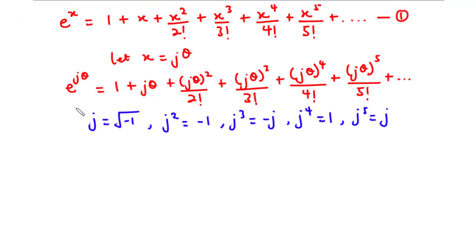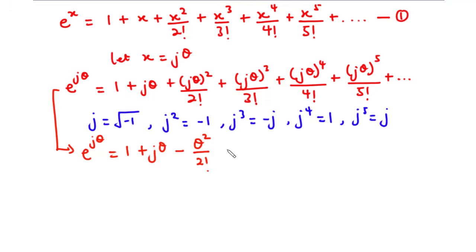Now let's continue to simplify this equation. So e exponent j theta is equal to 1 plus j theta plus, this time we are going to have j exponent 2. So j exponent 2 is the same as -1. So we are going to have negative theta squared divided by 2 factorial. Next we have j exponent 3, which is negative j.